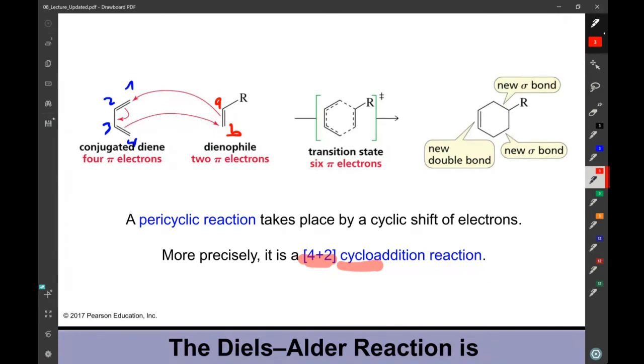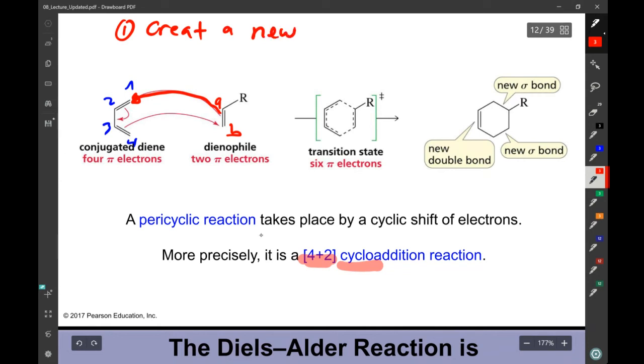The first thing to keep in mind is that in a Diels-Alder reaction, you are always creating a new bond between carbon A of the dienophile and carbon 1 of the diene. So you create a new bond between carbon 1 and carbon A.